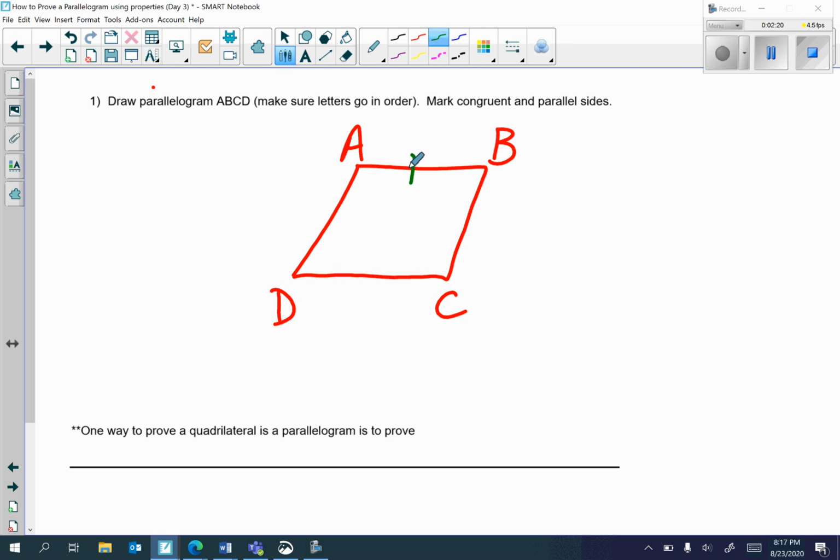So remember, AB is congruent to DC, AD is congruent to BC, AB is parallel to DC, and AD is parallel to BC.